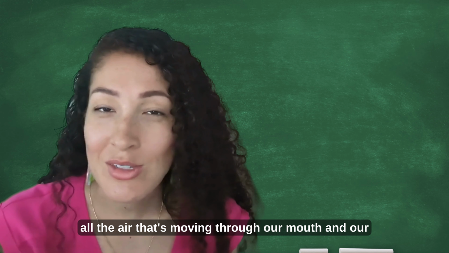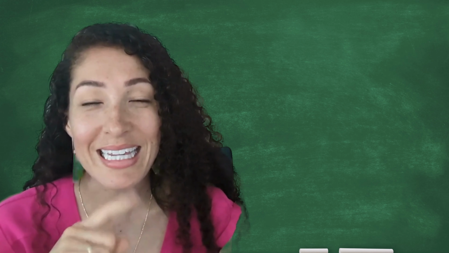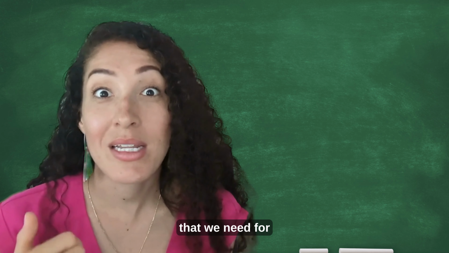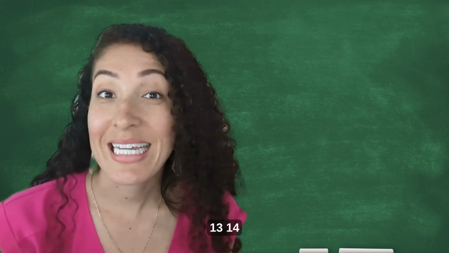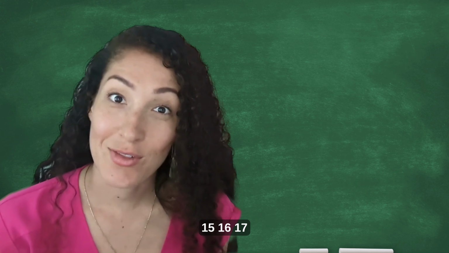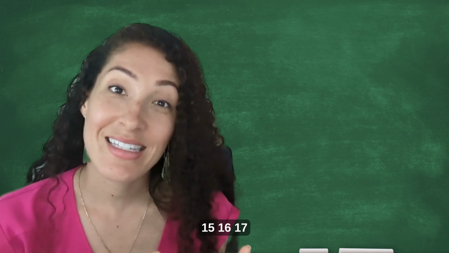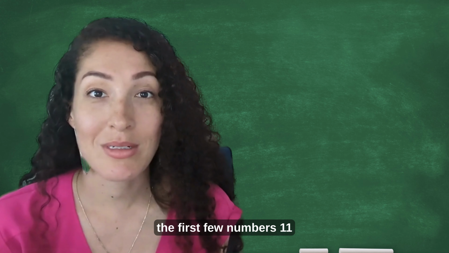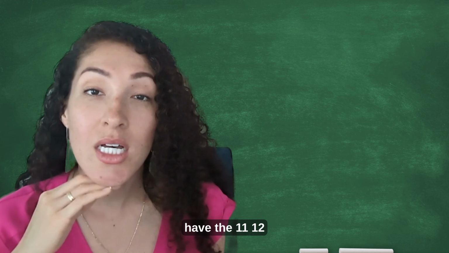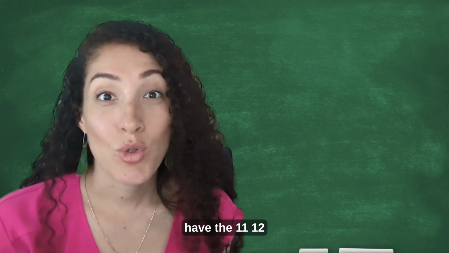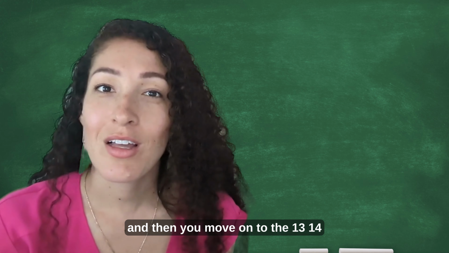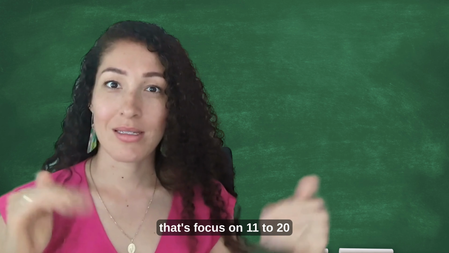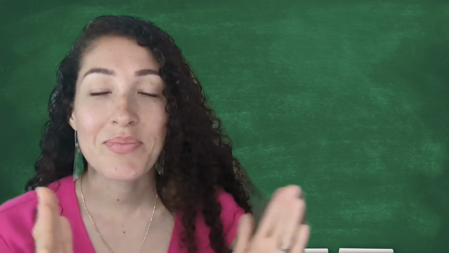With all the air that's moving through our mouth and our teeth, it helps us create the sounds that we need for 13, 14, 15, 16, 17, 18, and 19. And so the first few numbers, 11, 12, and then you move into the 13, 14, those sounds. So that's a focus on 11 to 20.